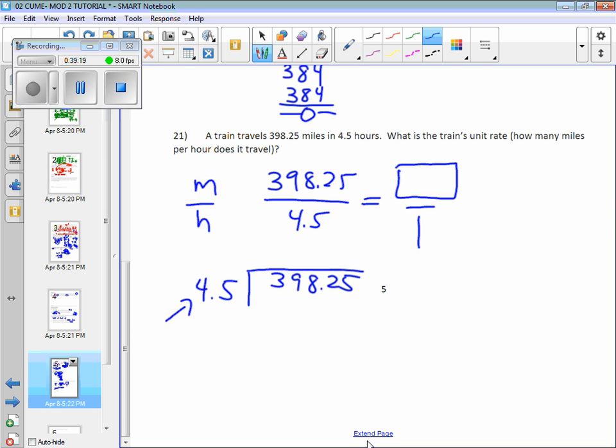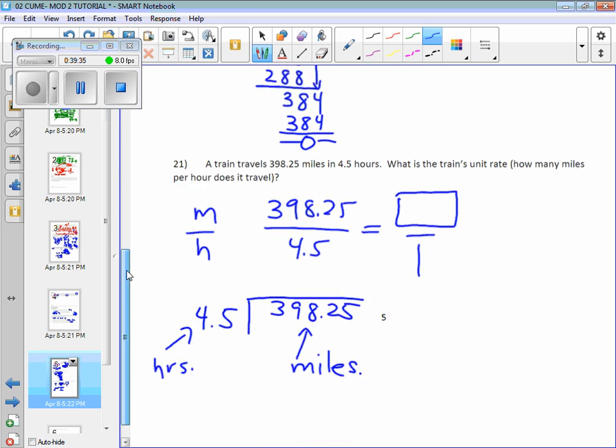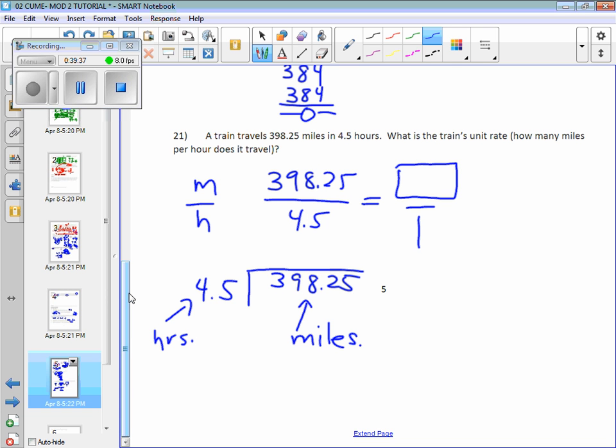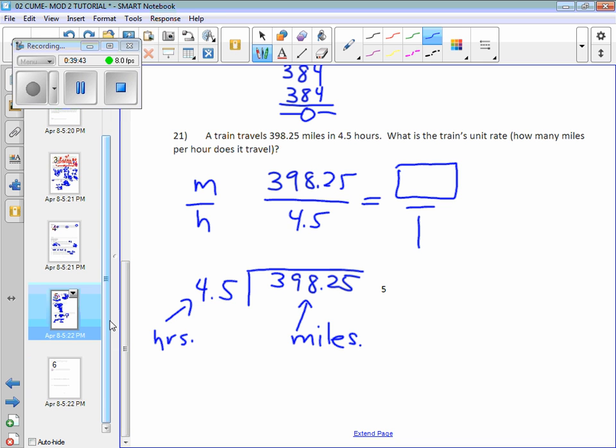The miles will go inside. Move your decimal over like I've shown you, and then just do it the same way as I've done it in the previous example. All right, so I just want to get you started with that, but I'm not actually going to go through the entire answer on my end here. So it's getting a little lengthy, the blog here.